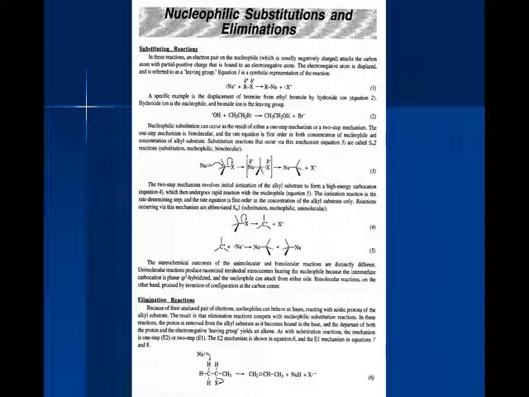So nucleophilic substitutions, what types of nucleophilic substitutions did we learn about? SN1 and SN2. You're going to need to know what the stereochemical outcomes of those different reactions are. You're going to need to know the kinetics of those different reactions. You're going to need to know what the reaction diagrams look like. How many transition states do we have in an SN2 reaction? 1.